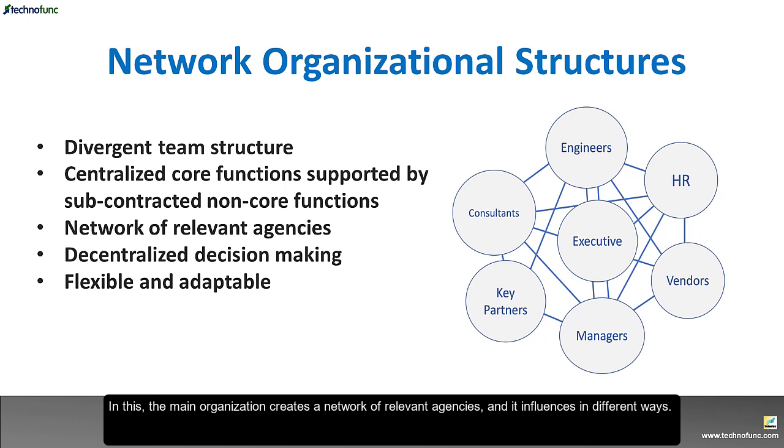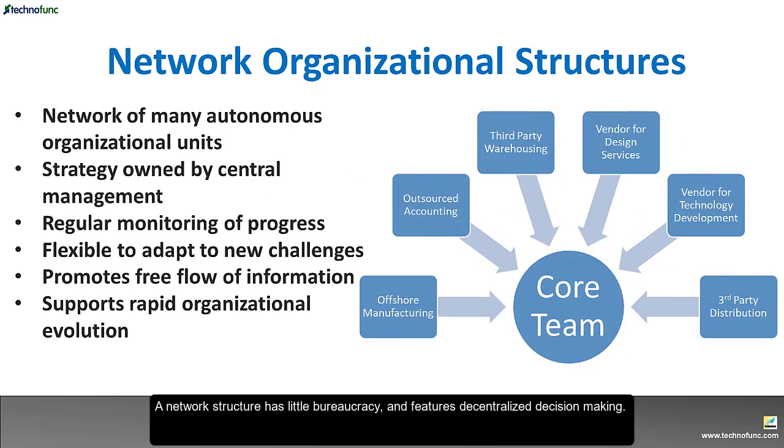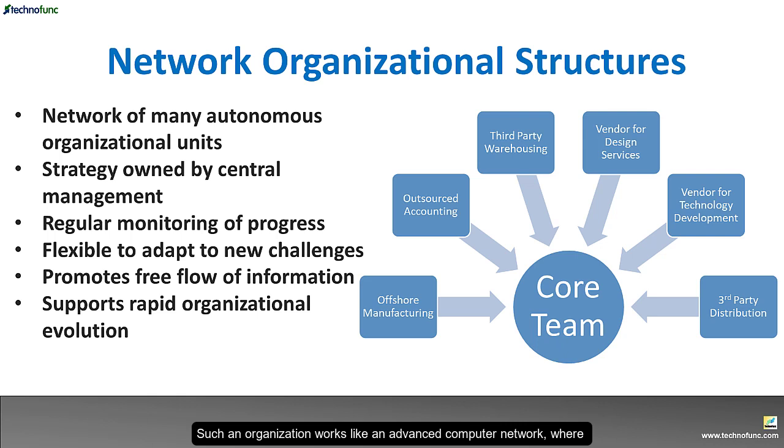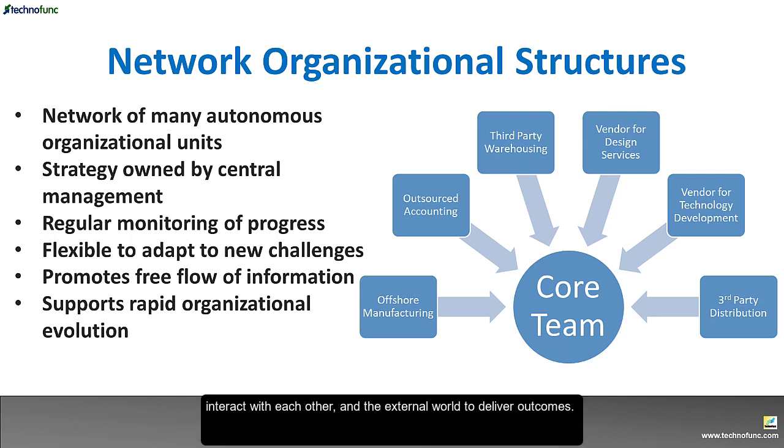In this, the main organization creates a network of relevant agencies, and it influences them in different ways. A network structure has little bureaucracy and features decentralized decision-making. Such an organization works like an advanced computer network, where many autonomous organizational units interact with each other and the external world to deliver outcomes.